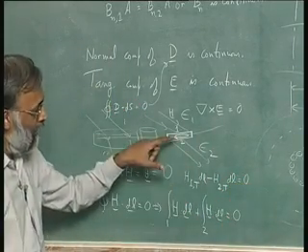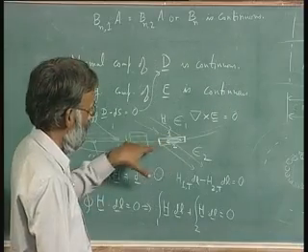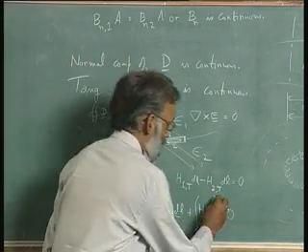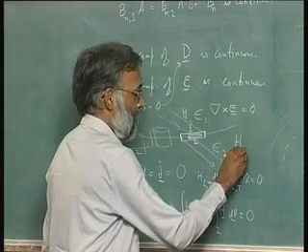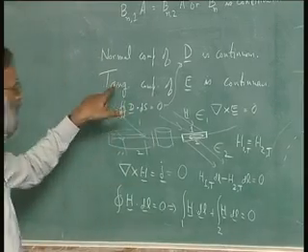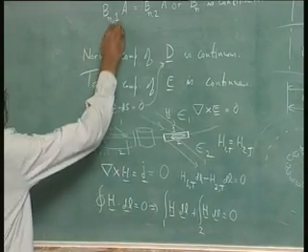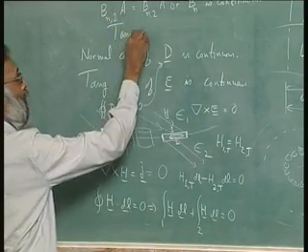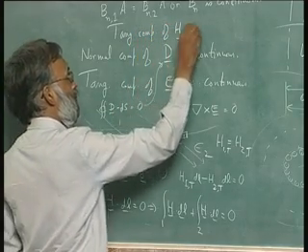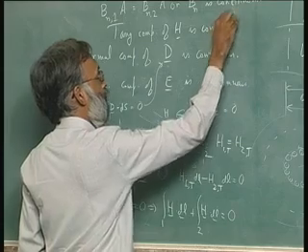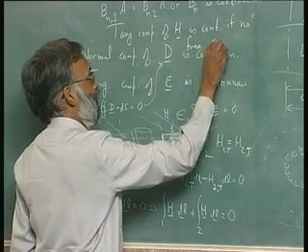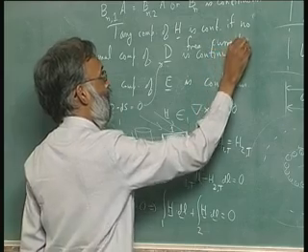The minus sign came because I am integrating in the reverse direction. What does this mean? It means that H1 tangential is equal to H2 tangential, or tangential component of H is continuous if no free current is present.